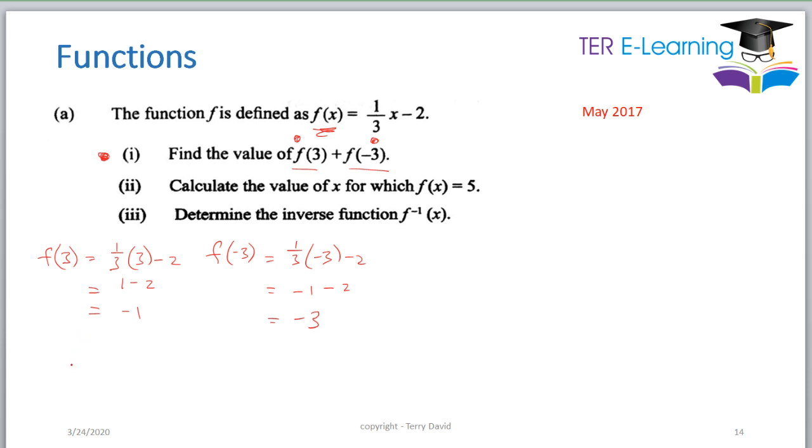So the question is asking for f of 3 plus f of -3, right, which is equal to -1 plus -3, which is equal to -4. Right? So you all are correct. The answer is -4. So what would have given students trouble here is working with the minus, right? So be careful with those things. So the answer is -4.